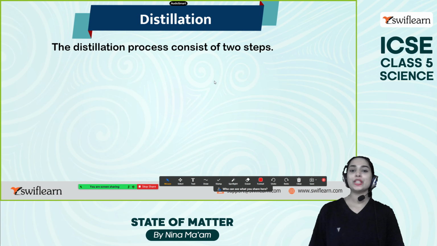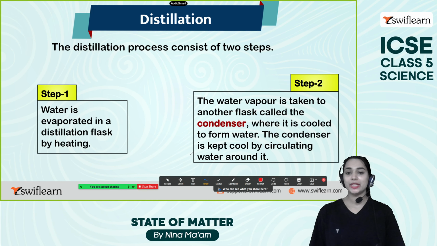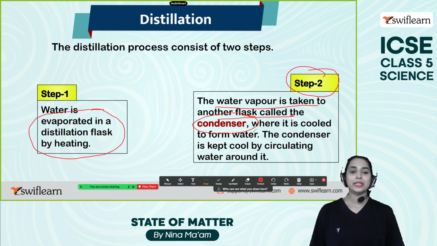And the distillation process consists of two steps. Step number 1, water is evaporated in the distillation flask by heating. That is the first step. And what is the second step? The water vapor is taken to another flask called a condenser, where it is cooled to form water.